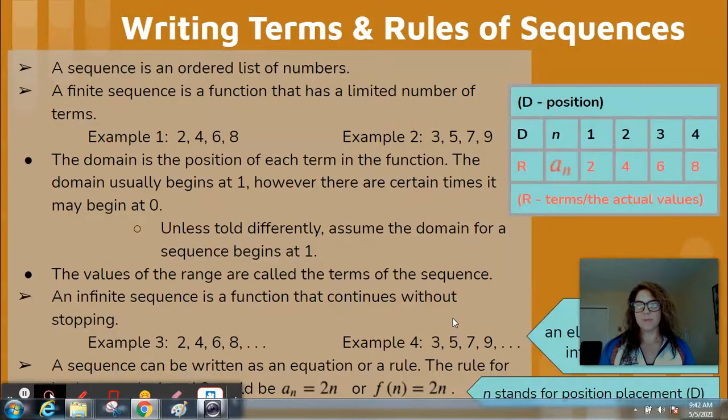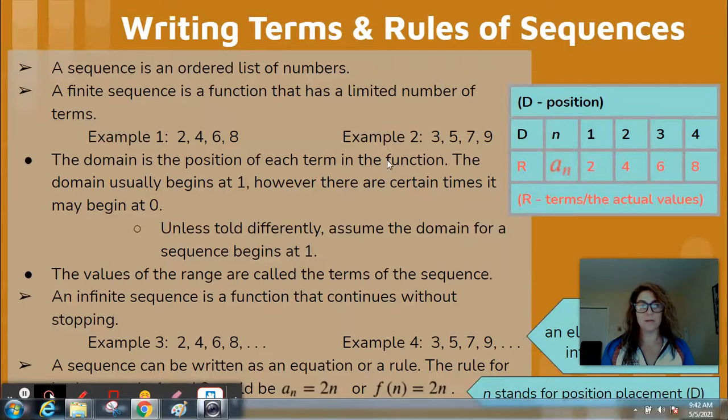Again, determining whether it's infinite or finite depends on how many there are. And the last thing down here is we're going to be able to write rules for these sequences. So the rules are going to be in terms of n. n is our position. Whether it's 2, 4, 6, 8, you see it's a truncated sequence.